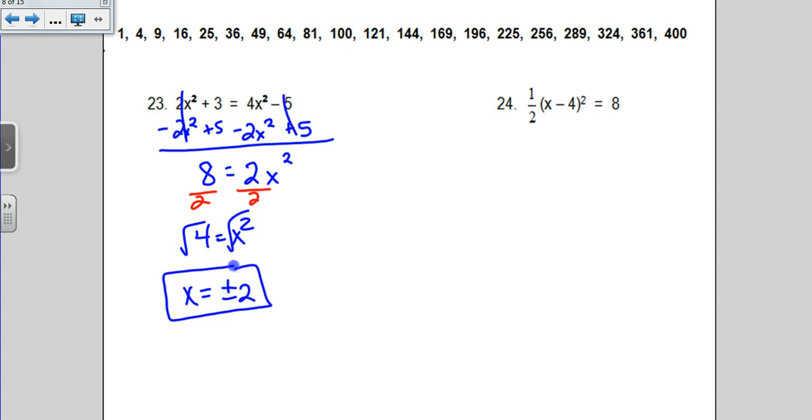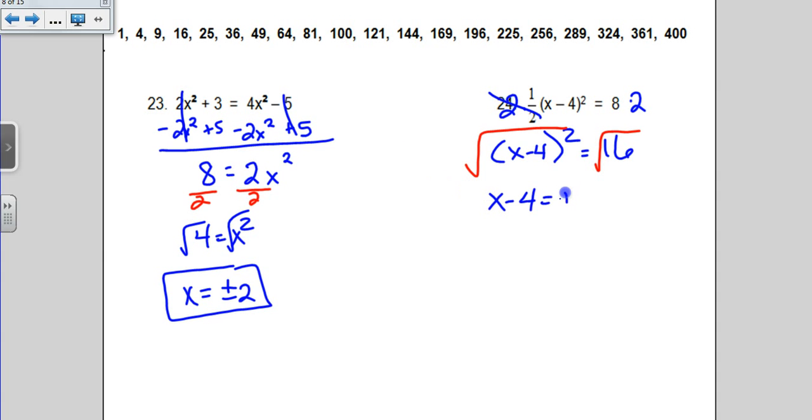Alright, moving along, number 24. Let's get rid of that 1/2 before we do anything with the square root by multiplying both sides by a 2. Those will cancel. So we have quantity x minus 4 squared equals a 16. And now when I square root both sides, I get x minus 4 equals plus and minus 4.